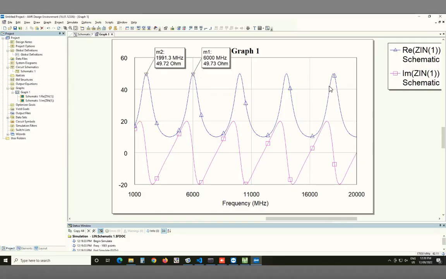We saw that it drops off faster. These curves are showing different effective transformer lengths, multiples of lambda by 4, at different frequencies. If you look at the curves, they all look the same.